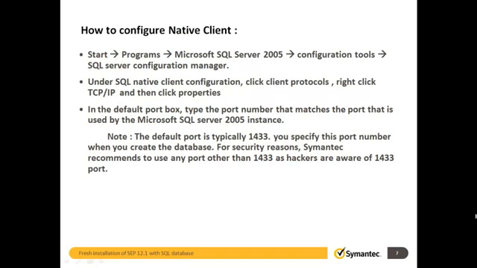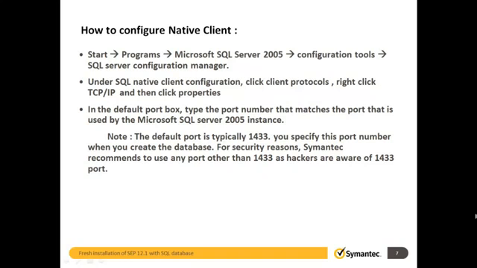Just now we saw how to install the native client. Now we will see how to configure the native client. To configure the native client, go to Start, Programs, Microsoft SQL Server 2005, Configuration Tools, SQL Server Configuration Manager. Under SQL Native Client Configuration, click Client Protocols, right click TCP/IP and then click Properties.